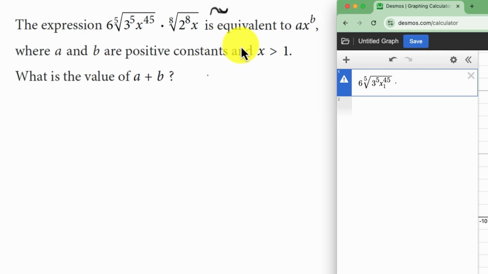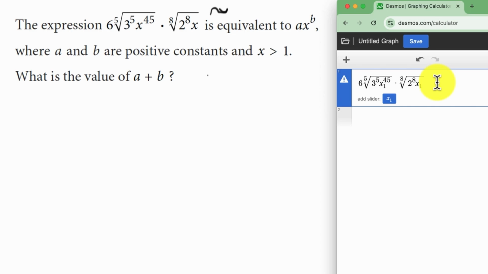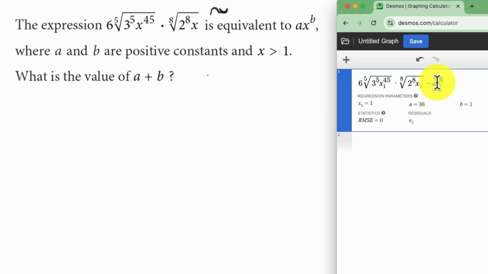Times, and we're going to do nth root again. The 8th root of 2 to the 8th times x1 is equivalent to, so I'm going to click out, do the tilde, ax1 raised, shift 6 to raise it to the exponent, to the b power.